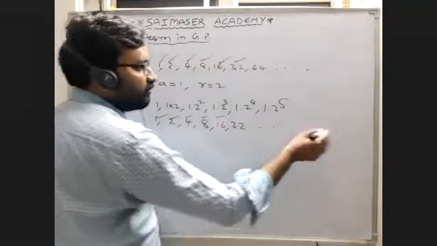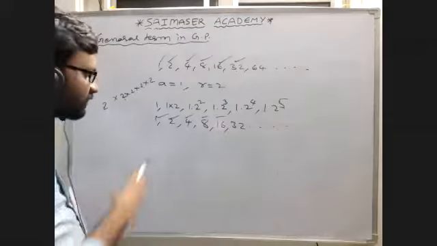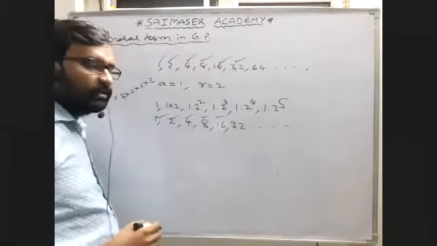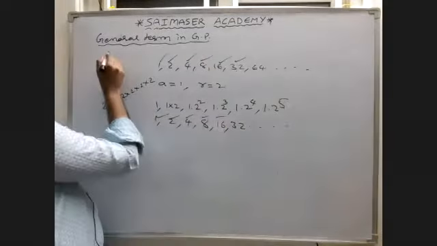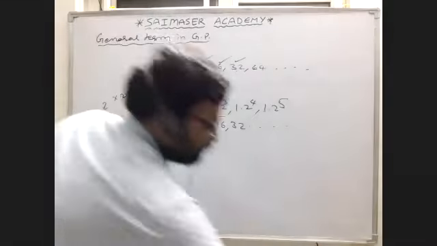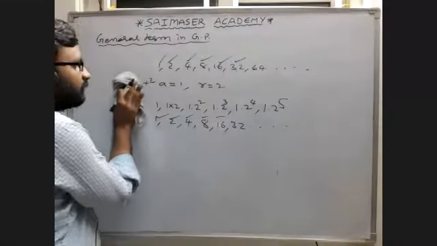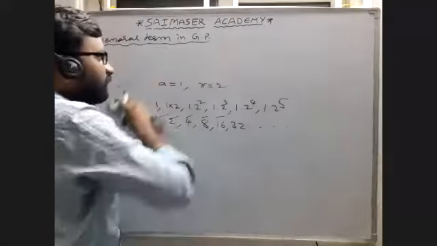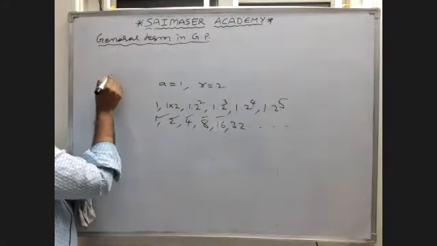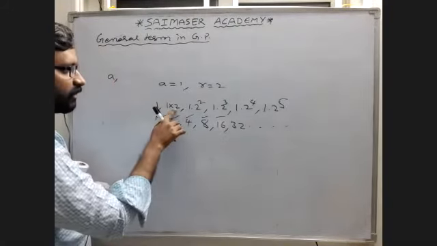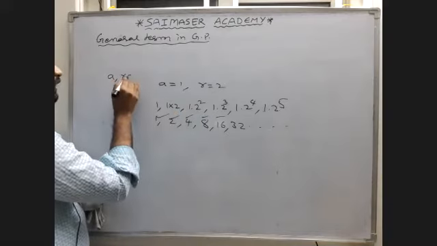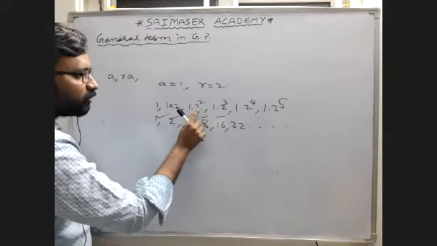So like this everything you will get, which means the series is in the form of A, comma, A into R, comma, A into R square.